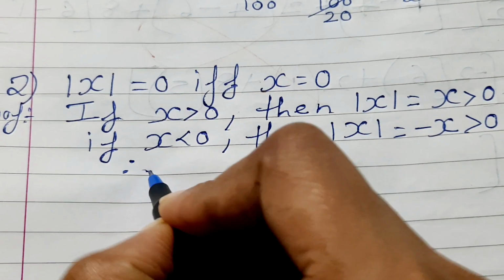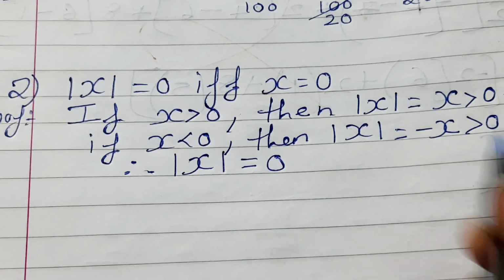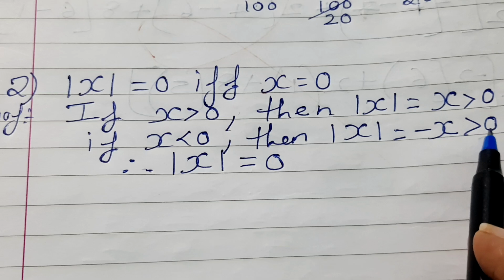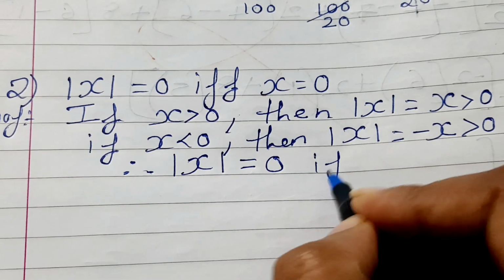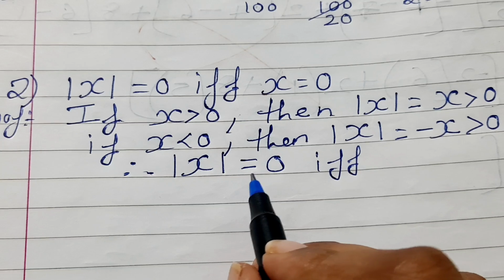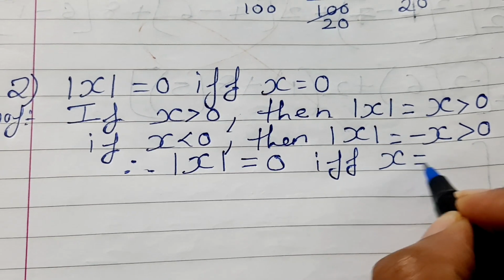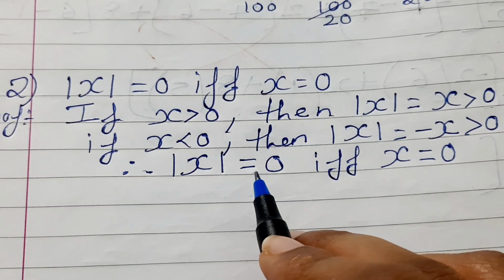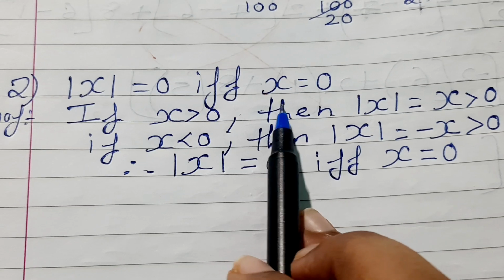Therefore modulus of x is equal to 0 only when x is 0. So modulus of x is equal to 0 if and only if x is equal to 0. The value of x should be 0 for this. So I proved the second one also.